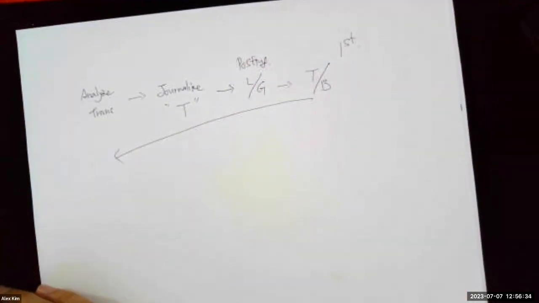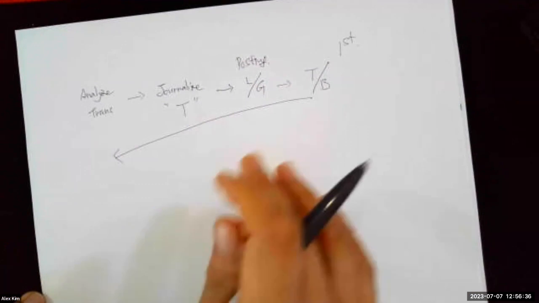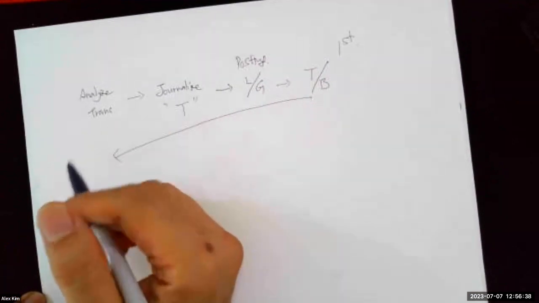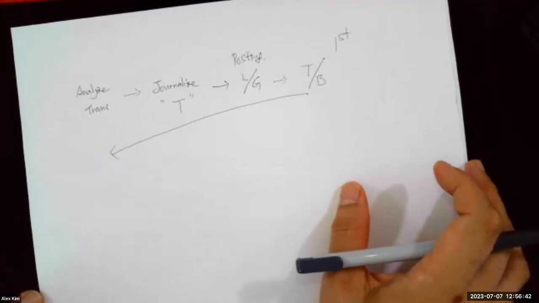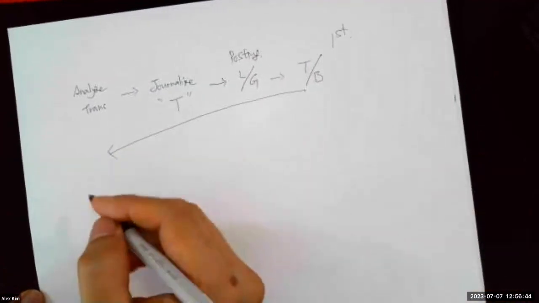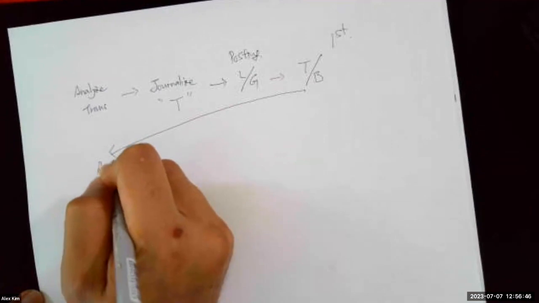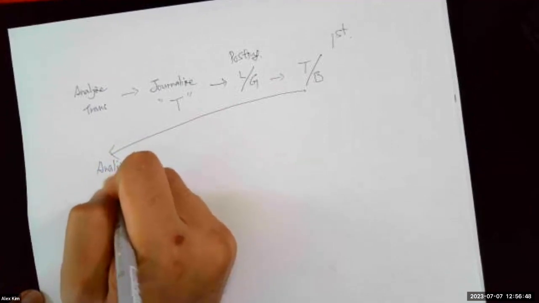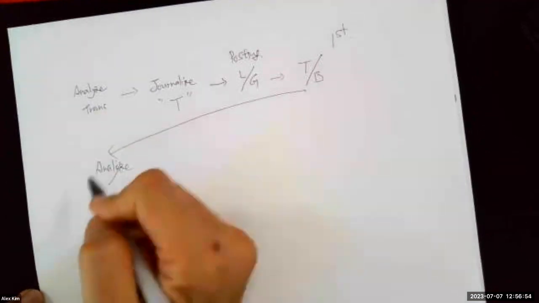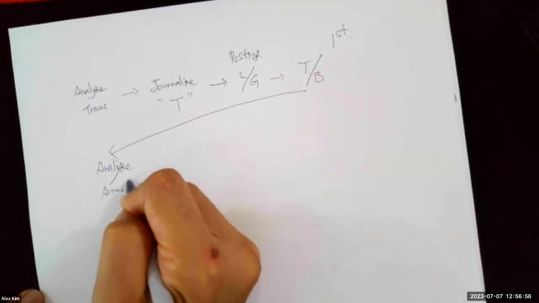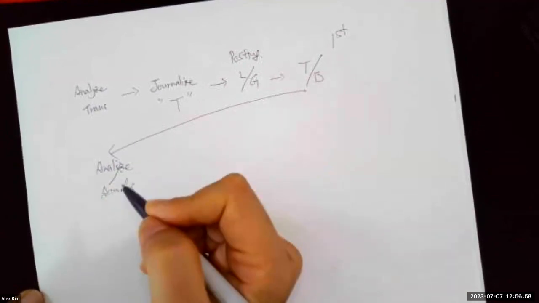This time, when we analyze, we do not analyze the business transaction itself, but we try to find out if there's something already incurred but not recorded. Accruals.